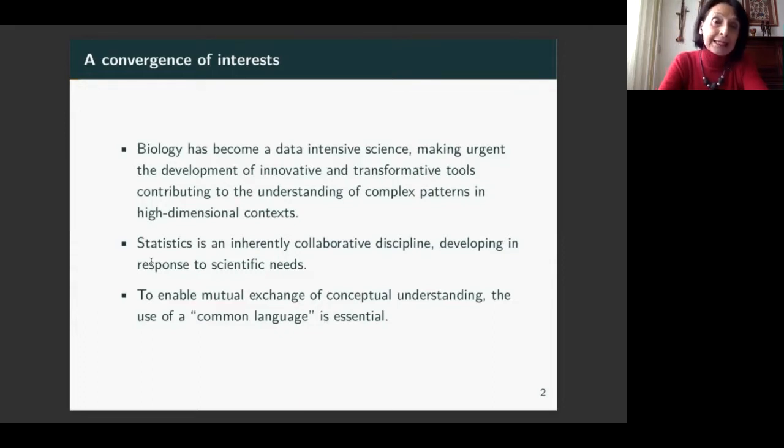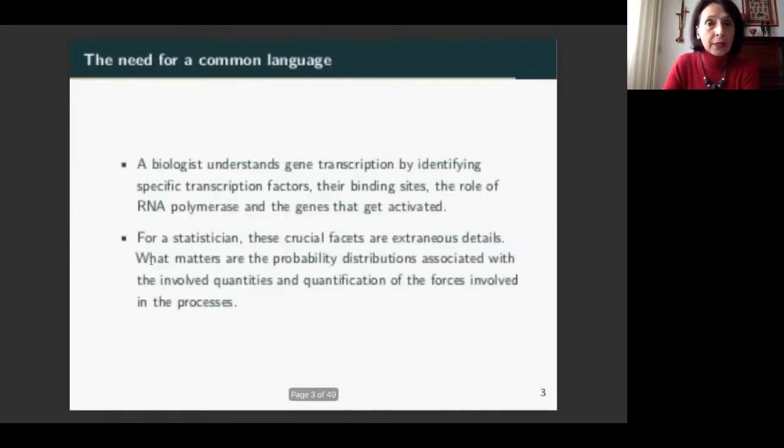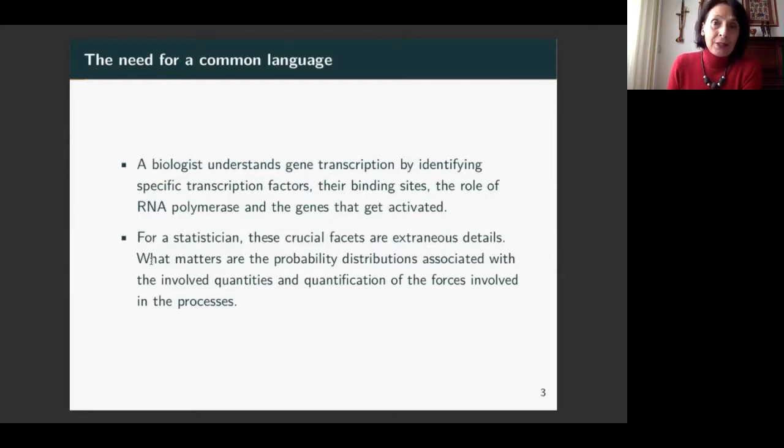On the other side, statistics, beside being a standalone discipline, also develops in response to scientific needs. So there is a sort of convergence of interests in the two disciplines to get together. But for this exchange to be profitable, a common language is essential because mutual understanding acts at different planes, at different levels in different disciplines. For example, a biologist understands gene transcription perfectly by identifying transcription factors, binding sites, all these genes that get activated.